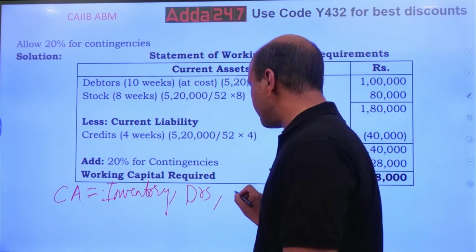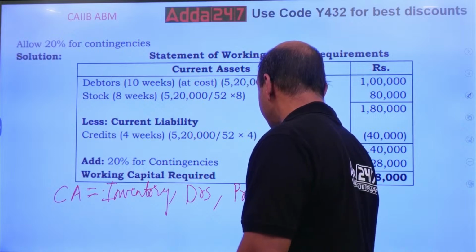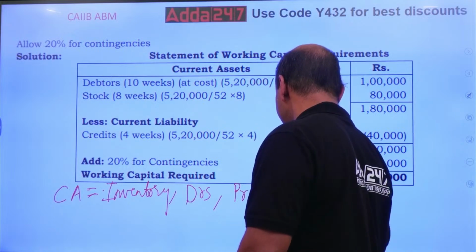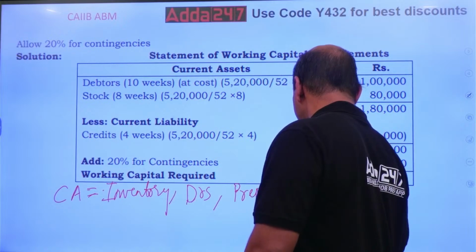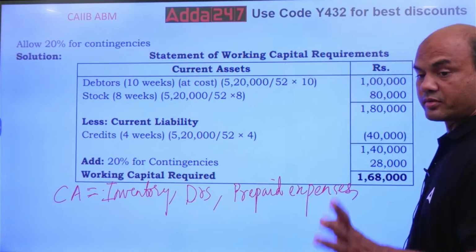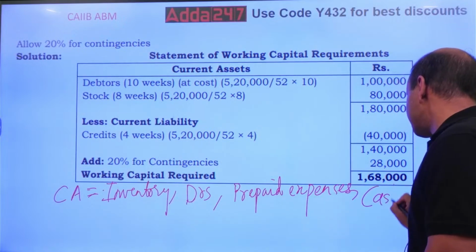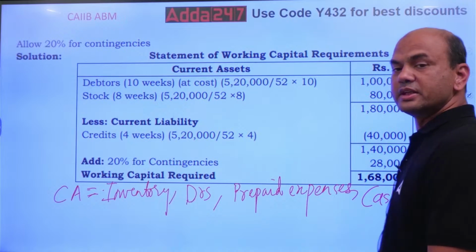Then you have prepaid expenses. And then last one, there's one more which is very important, that is called cash. Cash is another current asset. So these are the current assets.